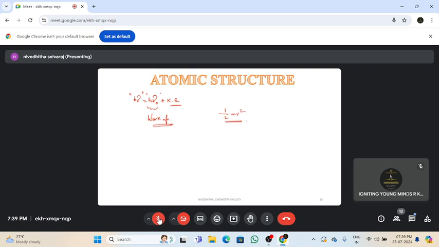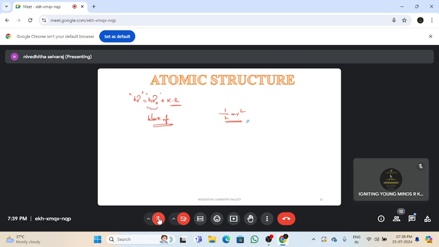That's it. What is Pauli's exclusion principle? No two electrons in an atom can have the same set of quantum numbers. That is Pauli's exclusion principle, right?